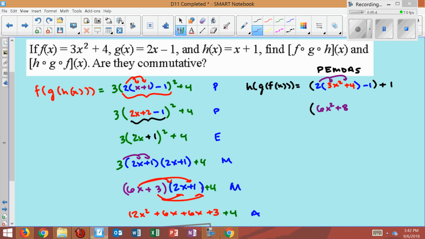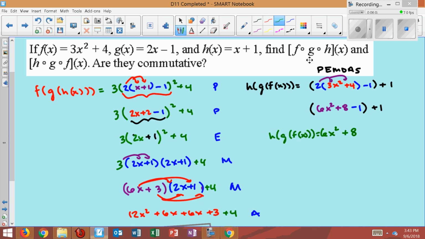And then I'll also have this minus 1 that did not change, so let's bring that down. And now that it's all just addition and subtraction, with nothing multiplying, I can take away the parentheses. So basically, this minus 1 and plus 1 will simplify out. So you're left with 6x squared plus 8. And that is h of g of f of x.